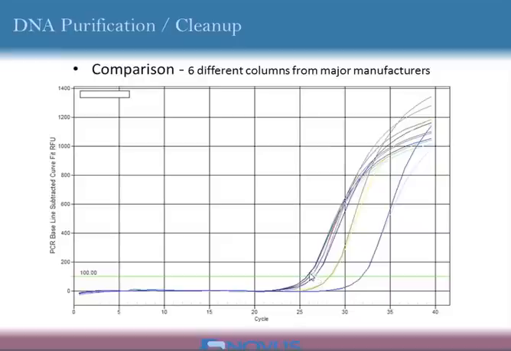And what we saw here, again, a real-time PCR graph of amplification, and so we can see 6 different curve sets of doing this in triplicate, and it was just taking the exact same input DNA and then putting them through the 6 different columns in triplicate. And so we have 2 different columns here, 3, 4, 5, 6.